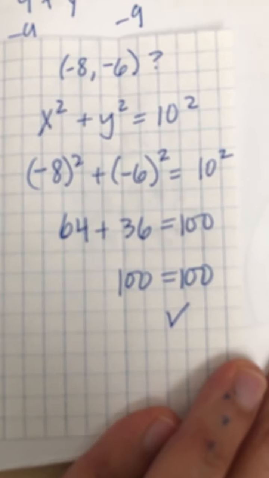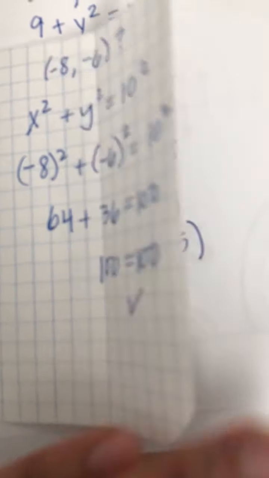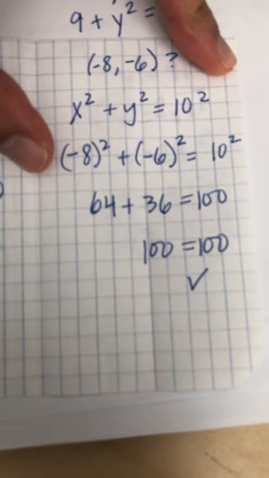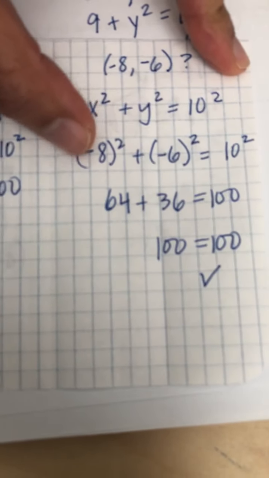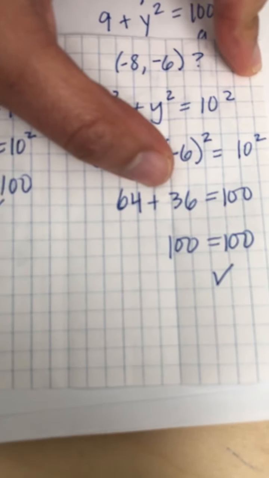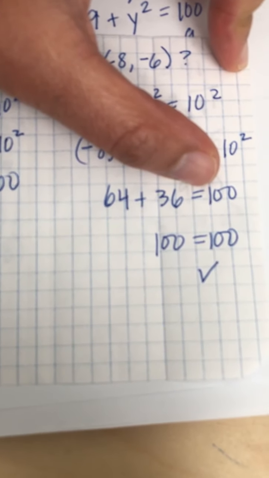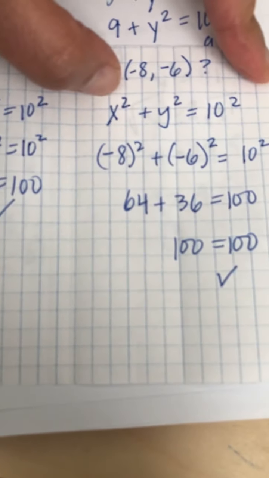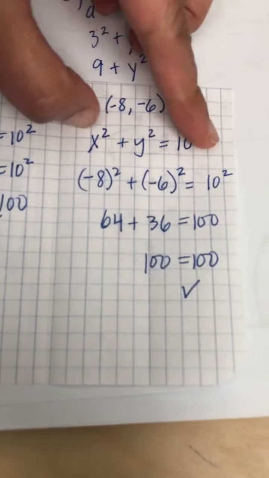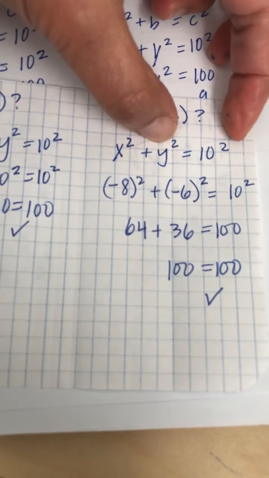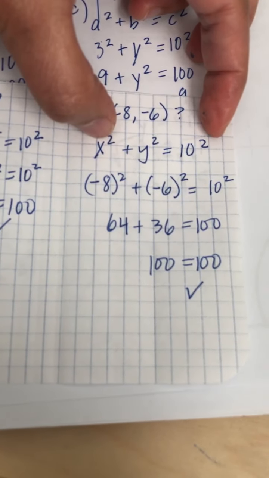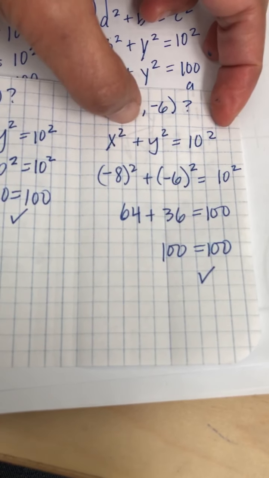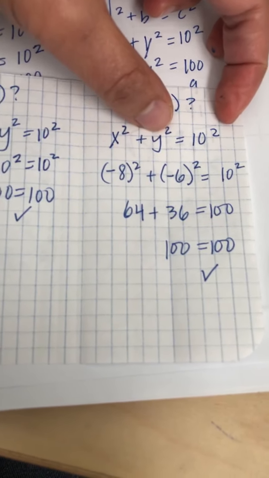And then if you check (-8, -6), enter it into the equation of the circle, you end up with the two legs being entered in, then getting squared, and then totaled together to still equal 100, which checks out that this point is also on that circle. So this, in fact, is a good equation for the circle. You can check to see if any point is on the circle by doing this, or you can solve for an x or y if you have a corresponding x or y.